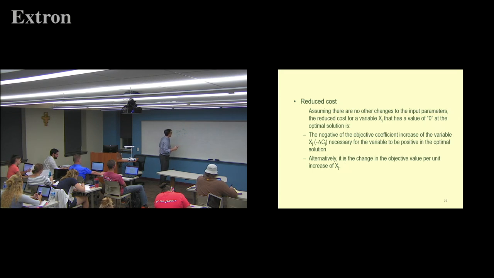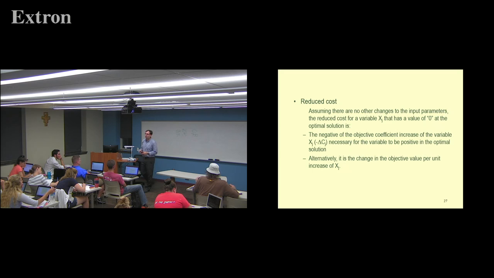Well, if in the final solution, I know this wasn't the case, it ended up being make 700 space rays and no zappers, or 700 zappers and 0 space rays. Because we make 0 of something, you'll get another value next to the range of optimality, and it's called the reduced cost.